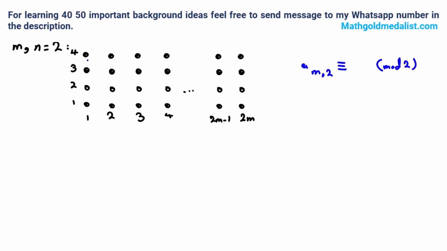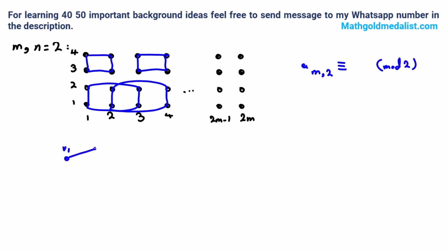I say, okay, for example, suppose the first column is related to this one, then this one, for example, is related to this one, is related to this one. It means what? Column 1 and column 2 are related to each other. So we can consider like this.